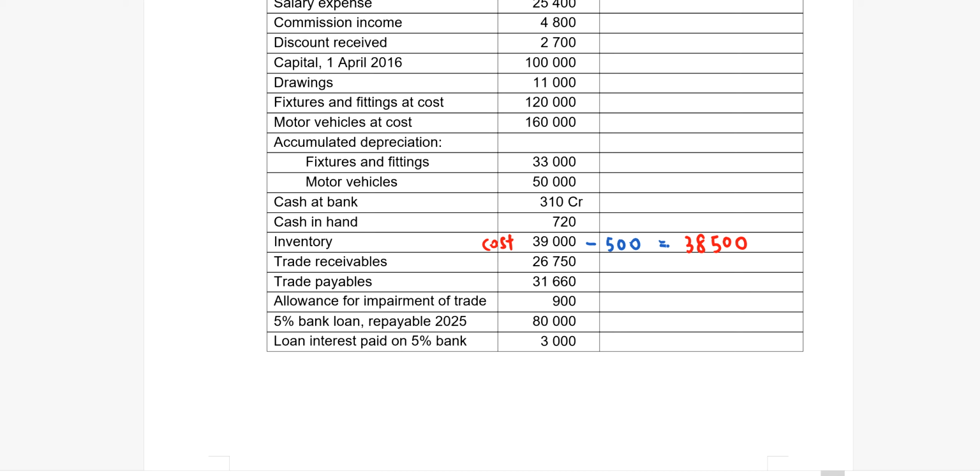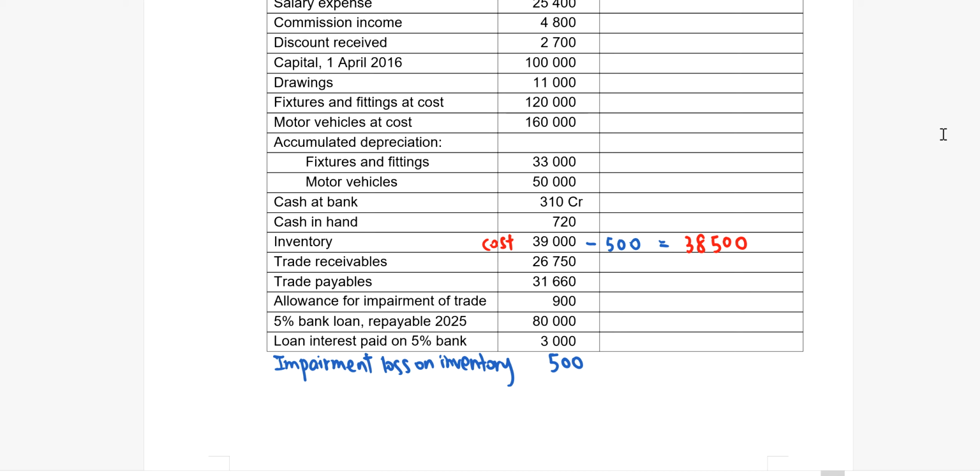And this $500 is my impairment loss on inventory. Okay, the first adjustment is done.